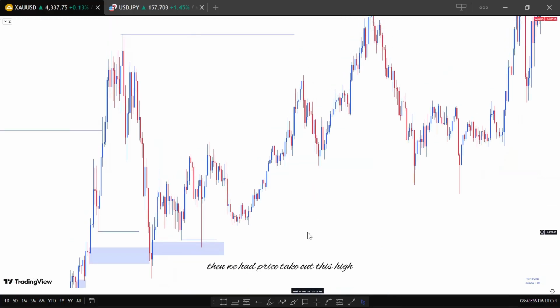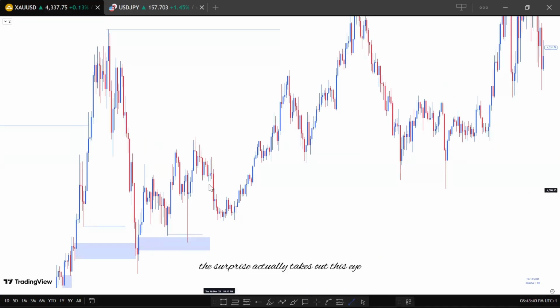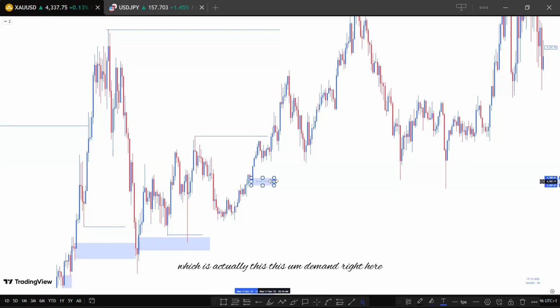Then we had price take out this high. Since price takes out this high, the origin that caused this break of structure was this unmitigated point of interest around this guy, which is this demand right here.